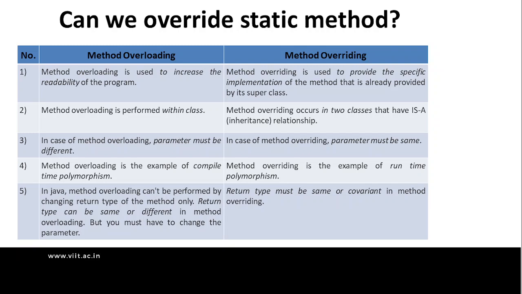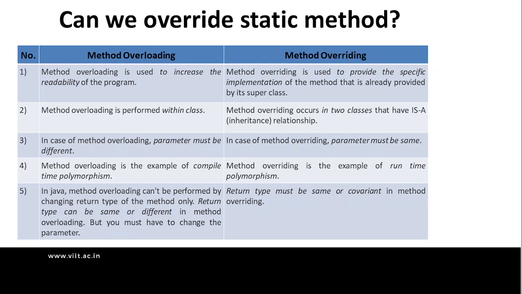Method overloading and method overriding. Method overloading is used to increase the readability of the program. Method overriding is used to provide a specific implementation of a method that is already provided by its superclass. Method overloading is performed within the class. Method overriding occurs in two classes that have an IS-A relationship. In method overloading, the parameters must be different.